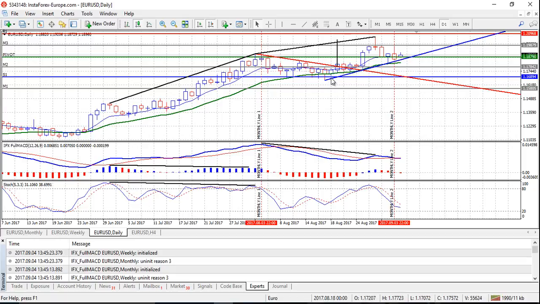So I am waiting for a candle to close two times below this resistance trend line here. I'm waiting for a trend line break. The trend line break is the ultimate flag off among all the indicators. It is the most powerful signal.